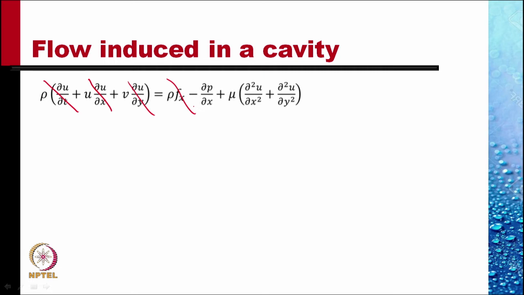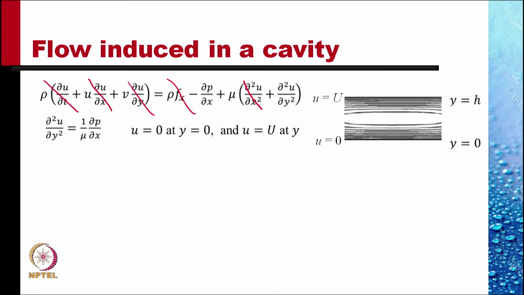Del square u by del x square would be 0, and so the equation would be this. To be solved with the boundary condition that u is equal to 0 at y is equal to 0 at the lower plate, no slip condition, and u is equal to capital U at y is equal to h, the no slip condition at the upper plate.